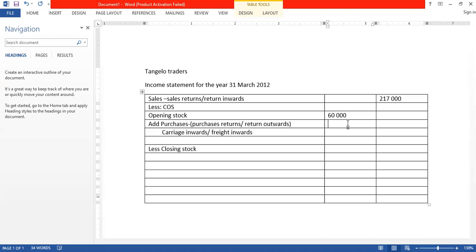So obviously, this transaction will affect our purchases. Why? Because purchases is when we buy goods. That's the account's name. When you go to see your suppliers and buy goods, that is known as purchases. Now, what the owner did is he took out goods, so your purchases is decreasing. Do you understand?